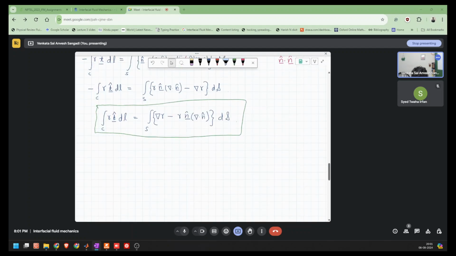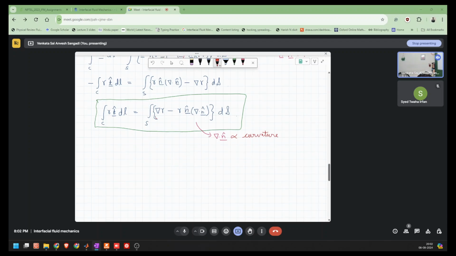So if you notice here, this particular term, del dot n cap, is like the curvature, and we also incorporated the effects of surface tension gradients.